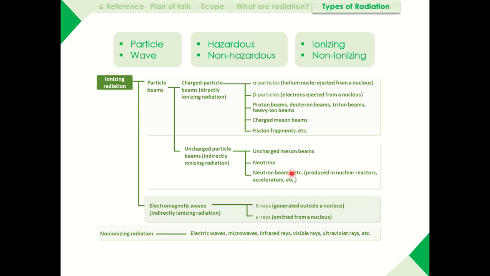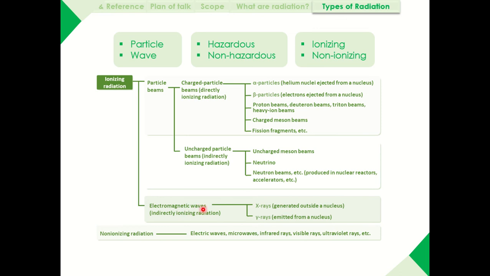Positrons are there, and neutrinos are there. Then we have neutron beams, which are produced in nuclear reactors and accelerators, and are also classified as uncharged particle beams. So there are 2 ways that particle beams are classified: charged particle beams and uncharged particle beams. Then ionizing radiations also have electromagnetic waves.